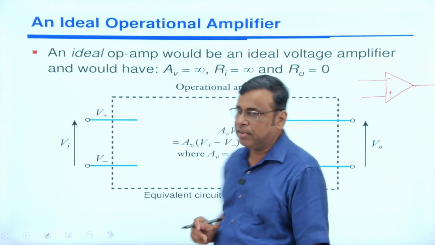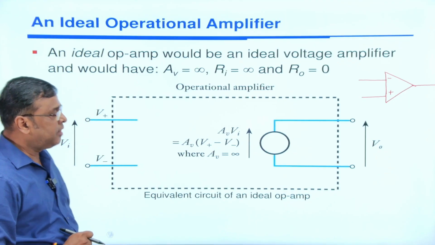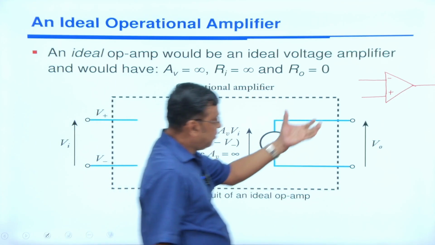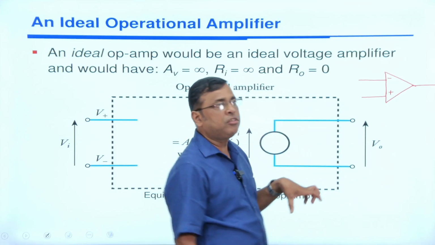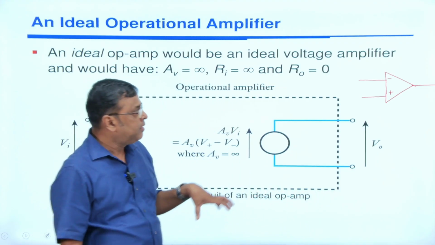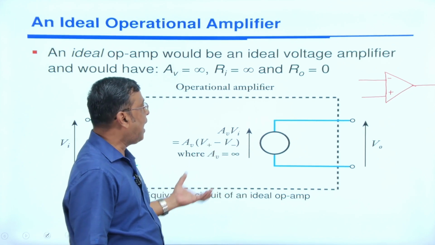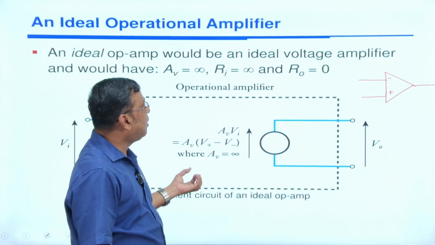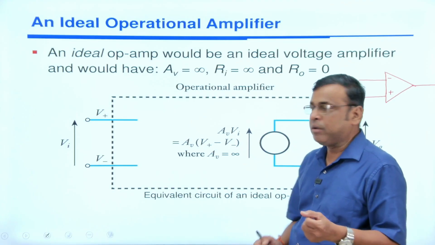There are some characteristics of the operational amplifier. Based on these characteristics, in the next step we will see how to get the output for a particular input.